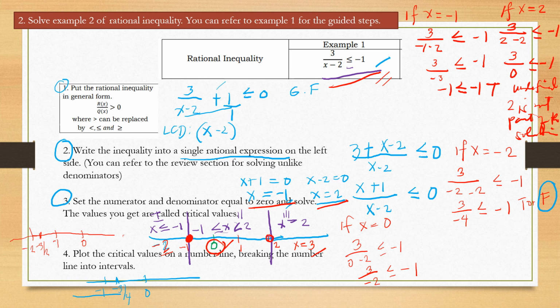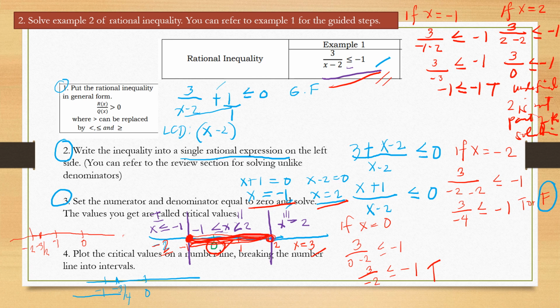So, tama to that 3 over negative 2 is less than negative 1. So, this is true. Therefore, this is part of the solution. Guhitan natin. I-broaden natin yung part na yan. Open circle lang to kasi ang 2 ay hindi kasali.